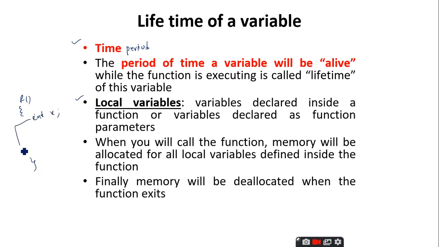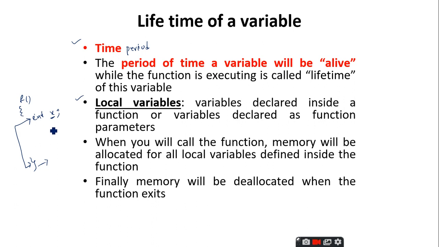Scope is from here to here, that is a different case, it specifies the region. But lifetime means from this point onwards it has taken its birth, so it is alive. So x is alive from the point where it has been declared, and when the function gets executed, it will be alive. Once you come out of the function, it will be dead.